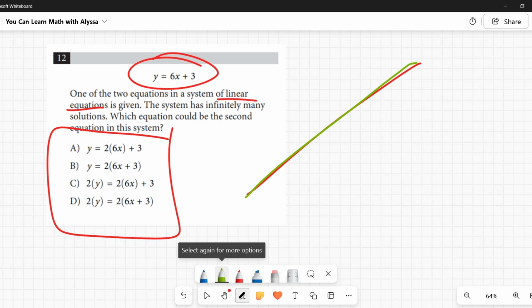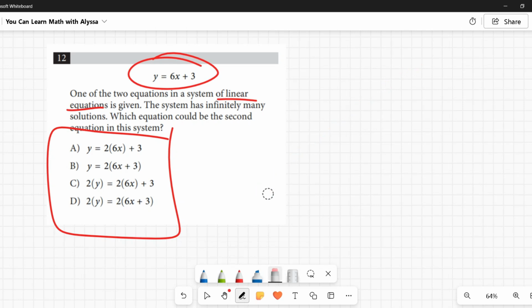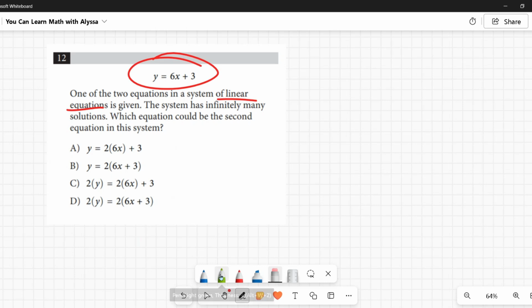That is a valid method. My personal preference is to look at them and see if there's a way that I can do this more quickly than that. We always want to have time on our side on the SAT. We want as much time as we can on these earlier questions, to save for those more difficult questions later on.